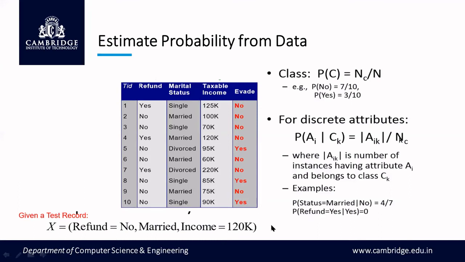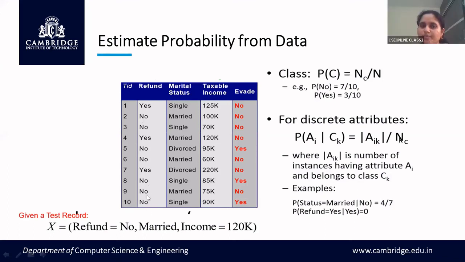Ma'am, one doubt is there. What is the doubt? The refund is no, so it should be 4 by 10, no. See, refund, how many entries are no? There are 7 entries.